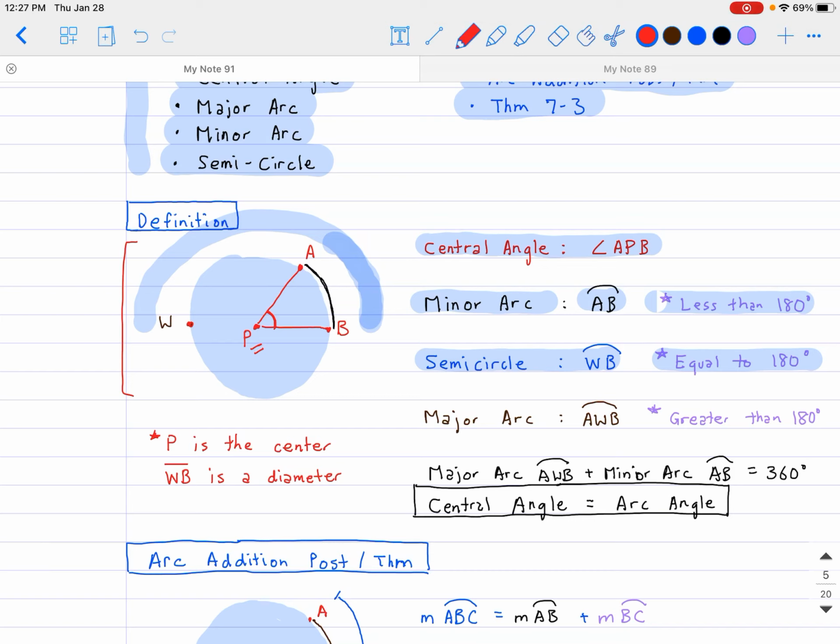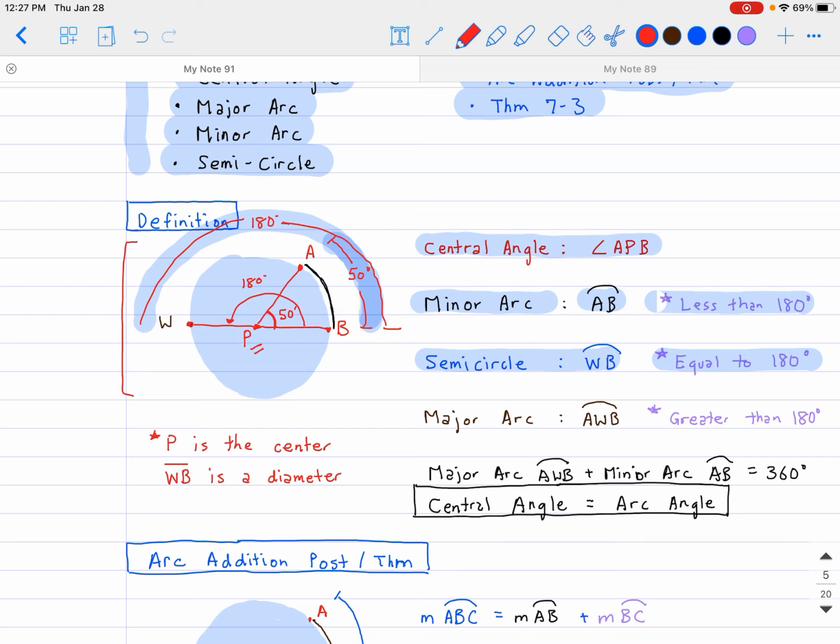For example, as I was saying earlier, let's say that arc AB we can denote as 50 degrees. That would be the same as the central angle, which is 50 degrees. Whereas for the semicircle, the angle WPB is going to be 180 degrees, and so the entire arc references the 180 degrees that I was just talking about.